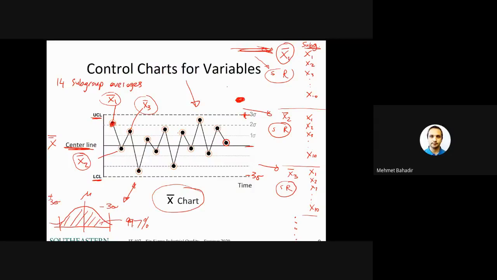And if you find a subgroup with an average, let's call it X bar, of the 15th subgroup, because so far we have 14 subgroups and this is going to be the 15th one, and if you find a 15th subgroup which is outside the plus and minus 3 sigma values, this is a very, very unlikely situation, and you can definitely say that something happened at this point in time.